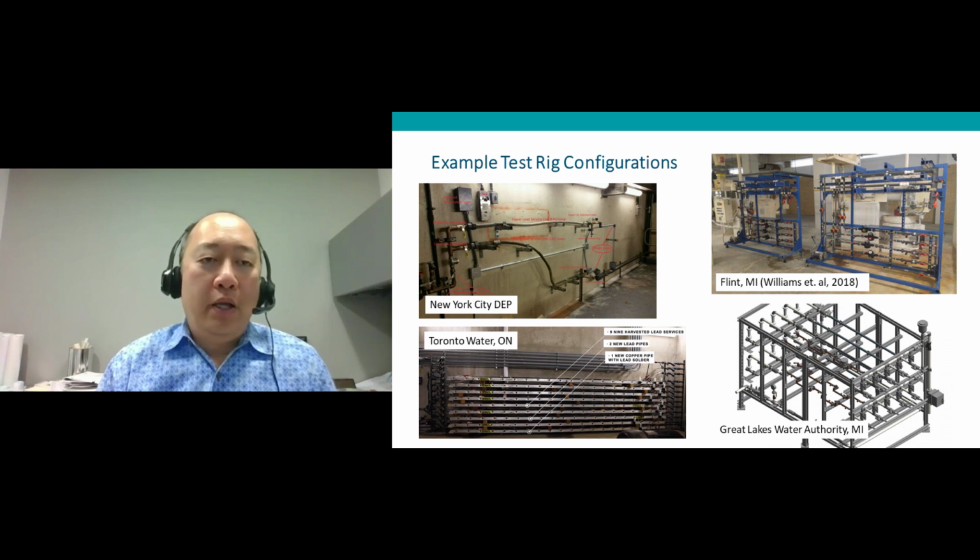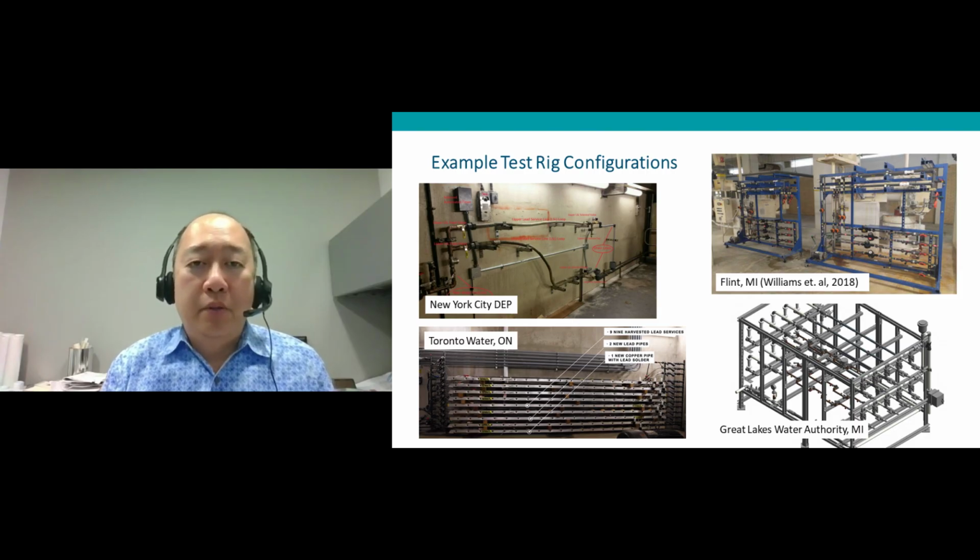Bottom left-hand corner, Toronto Water, they're pretty innovative. They had very long service lines. They put them in use intact and actually used aluminum ladders as a structural support for all their pipes.